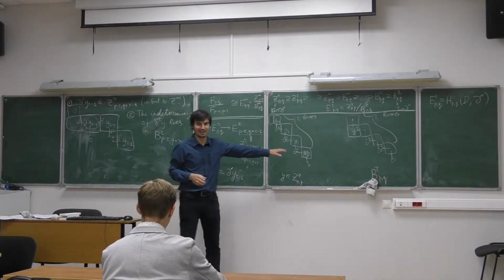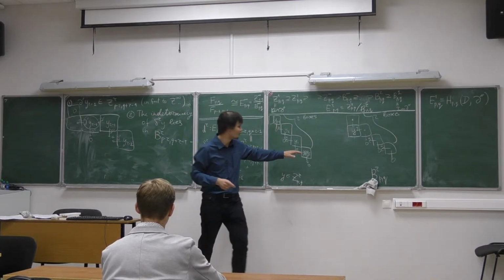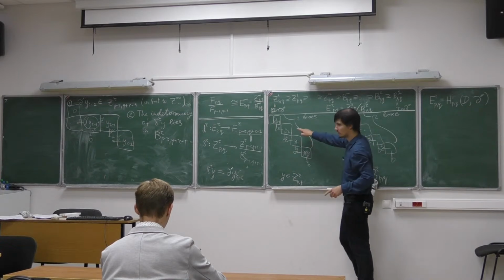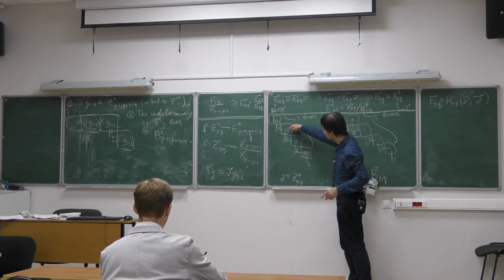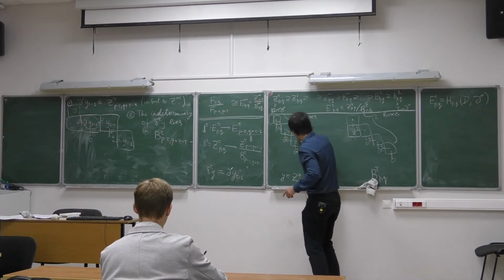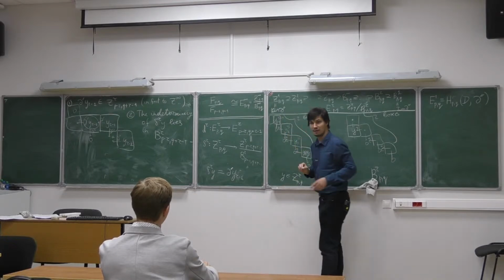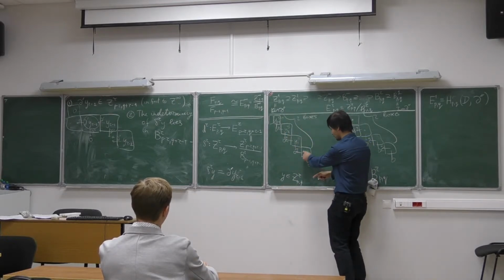Actually, it is directly from the definition. Look, suppose that we have two sequences, one sequence of yi's, and the second sequence of yi's with primes, which both are for the same y, of course.